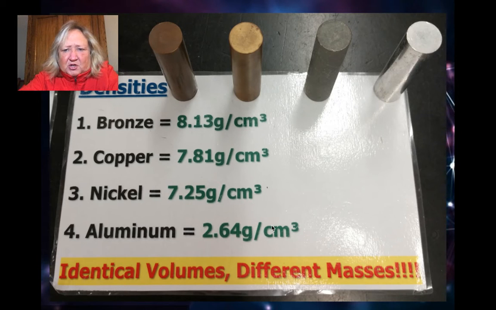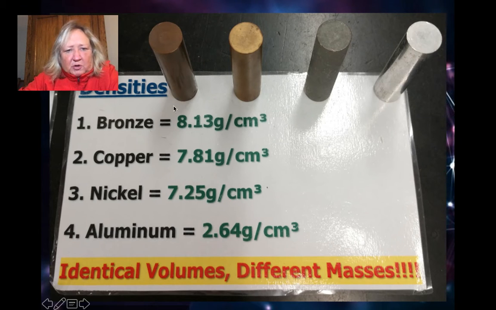Okay, this is just a great example of different elements that are the exact same size, but they have different masses, so therefore they have different densities.